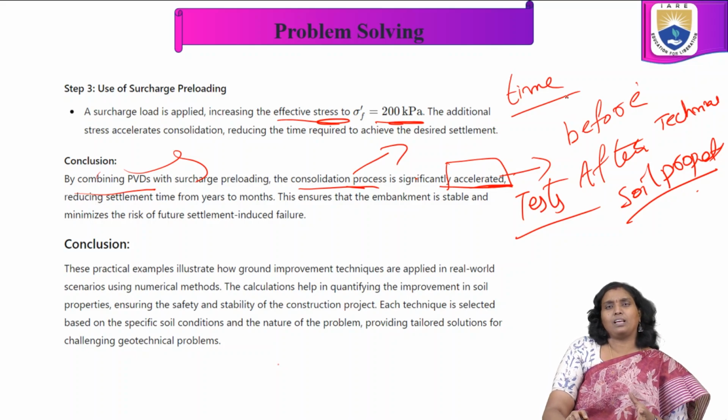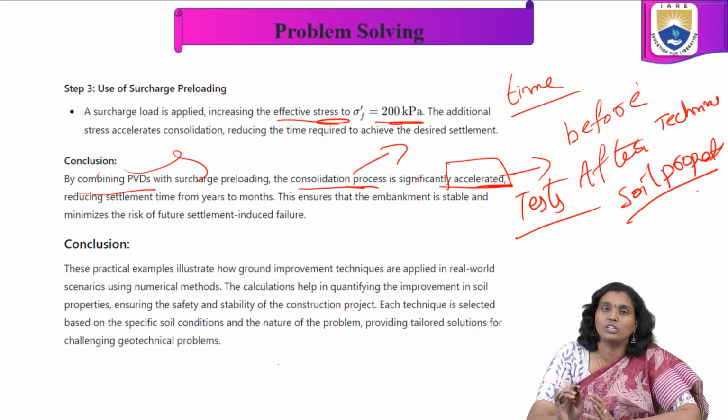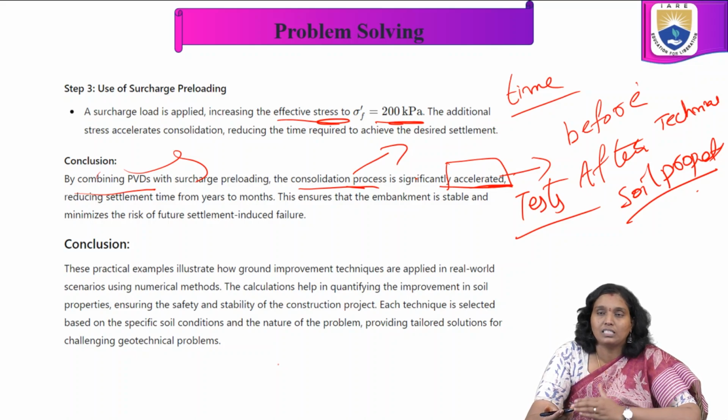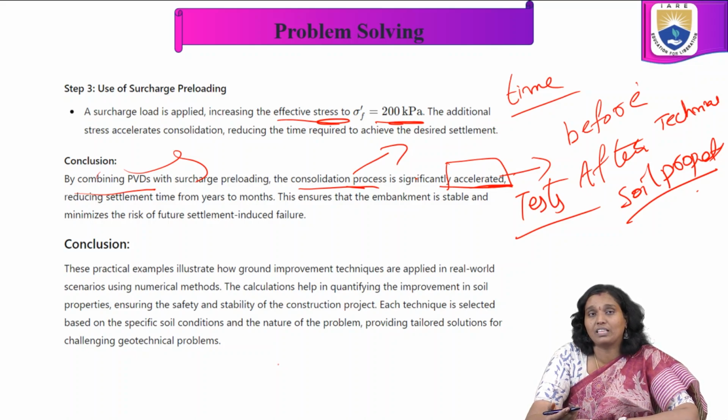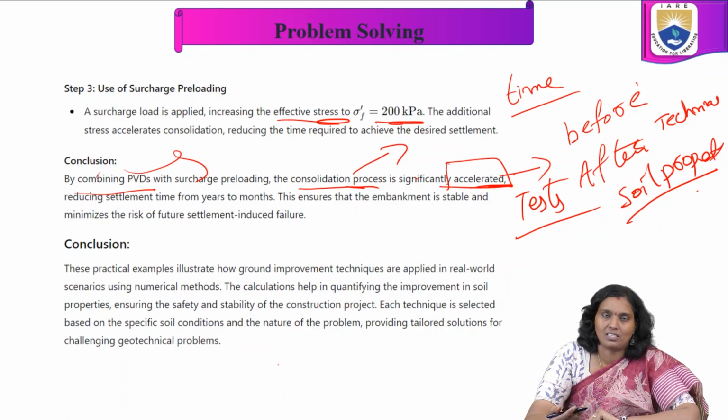It may affect the construction schedule of the project. So according to that, we choose how much time is available before starting the project. These are all the parameters for a better understanding of this technique and how much time is required for it to give the desired properties, or whenever we are going to start that particular work.